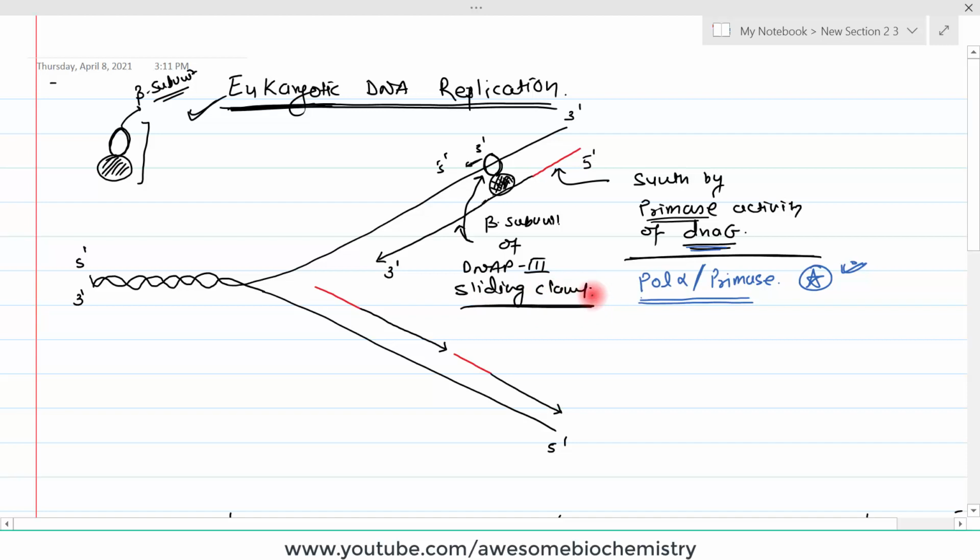What about eukaryotic DNA replication? A similar sliding clamp-like structure is there, but not as a part of any polymerase enzyme. It has been given a different name as it is a separate entity. It is known as PCNA, that is proliferating cell nuclear antigen. Proliferating cell nuclear antigen acts as a sliding clamp like the beta subunit of DNA polymerase 3 in the eukaryotes.